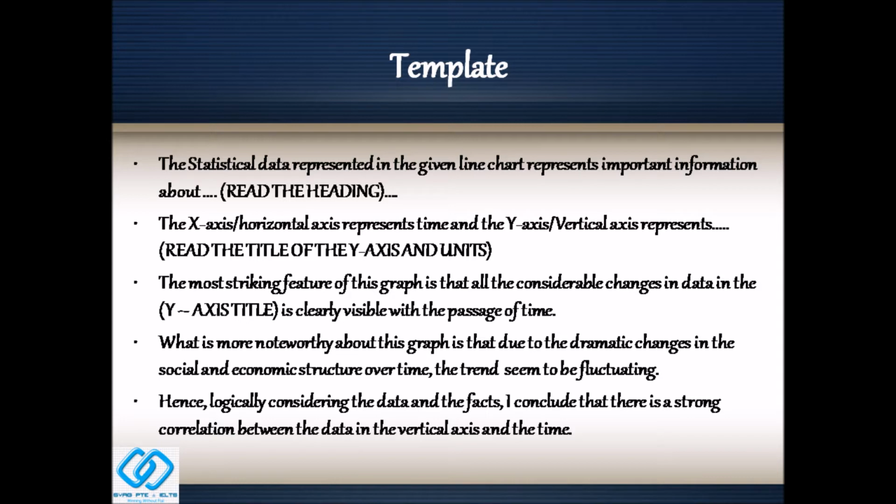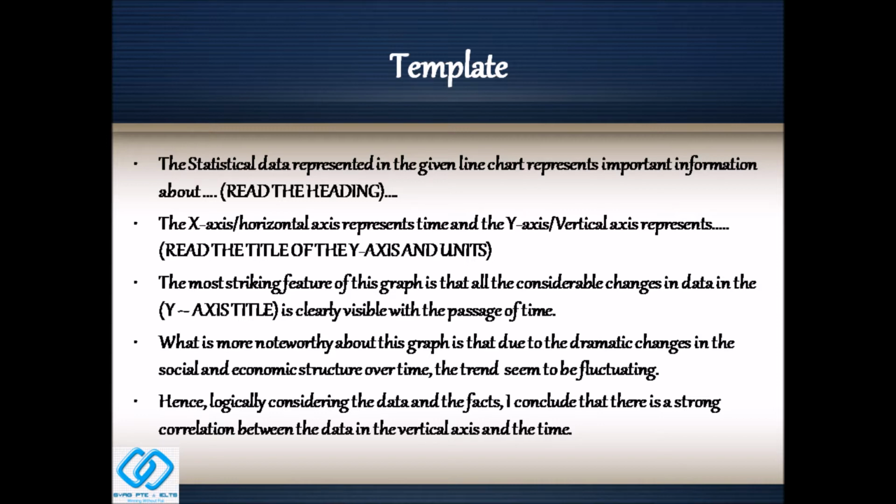The second point is you explaining the axis. So the x-axis or the horizontal axis represents time, and the y-axis or the vertical axis represents whatever the title of the y-axis and the units. Just say that there. As I told you, x-axis will only have time and y-axis will have some data.